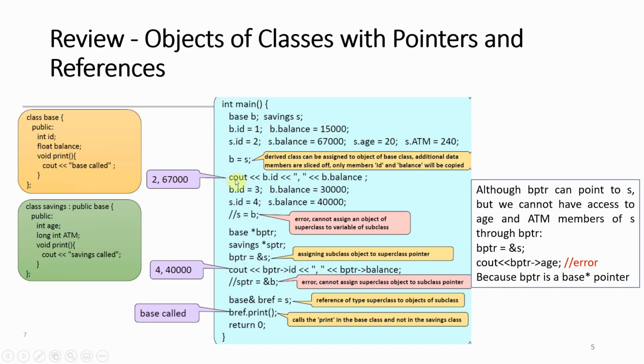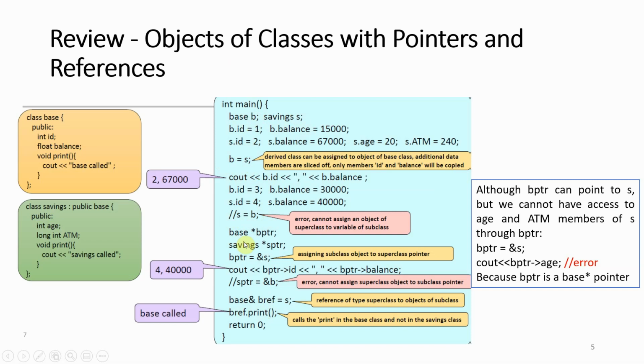Similarly, we have the same story for pointer variables and reference variables. You see here, B is an object of the superclass, S is an object of the subclass. B equal to S is a valid operation, however S equal to B is invalid.